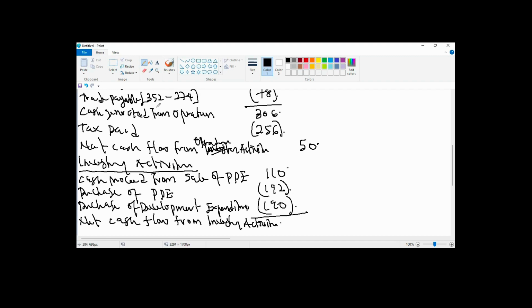What is the net cash flow from investing activities now? $272 negative. Oh, negative. Thank you.